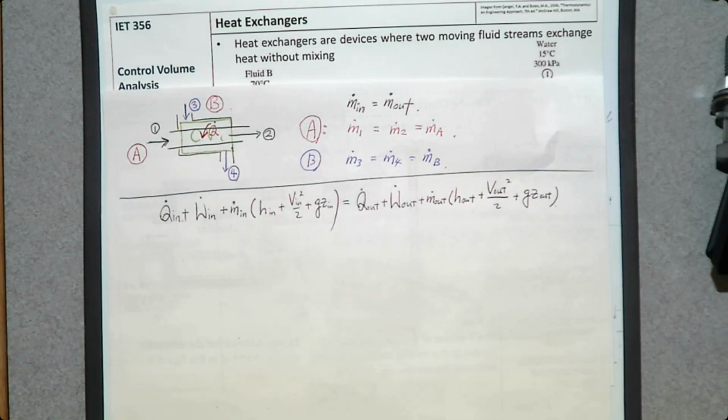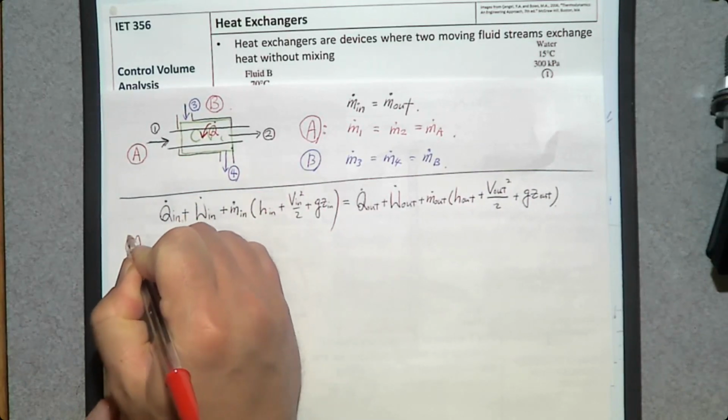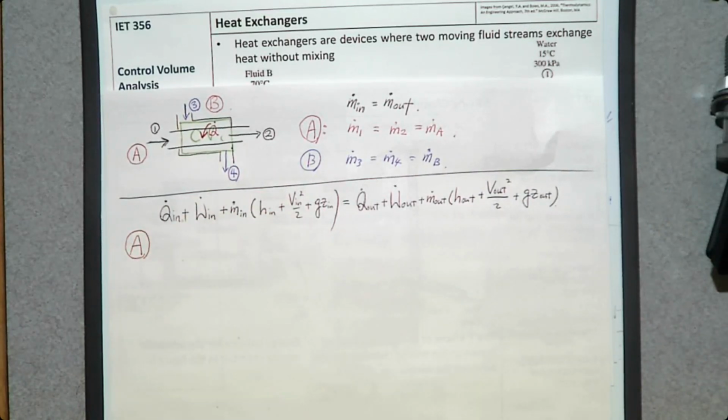So now let's find the energy balance equation for fluid A first. For this fluid A, is there heat transfer? Yes. Q dot coming from B to A. So that is incoming heat transfer for A. So this Q dot in is this Q dot.